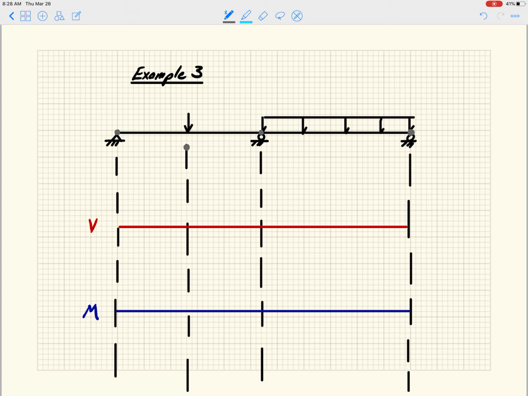Of course, it depends if the distributed load is really, really big in relation to the point load. This may not always be the case, but for approximate methods, we generally assume the structure moves in the direction of the load, right? And then here, this point moves down as well, right? And so the deformed shape has to look something like this.